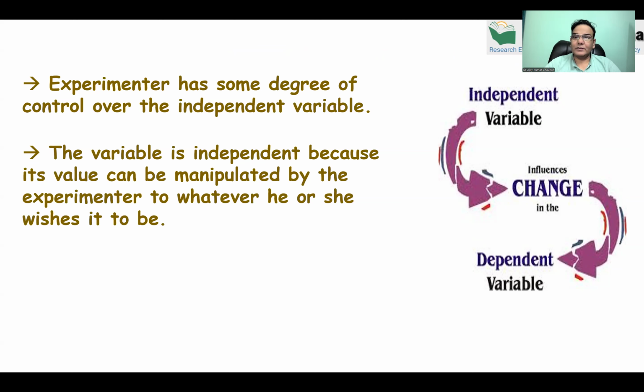So you have to define how we can measure the independent variable. One example I'm giving here: one of the PhD scholars decided to find out the impact of meditation on, let's say, happiness.